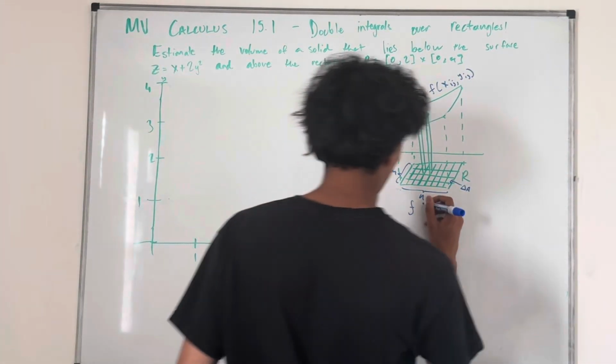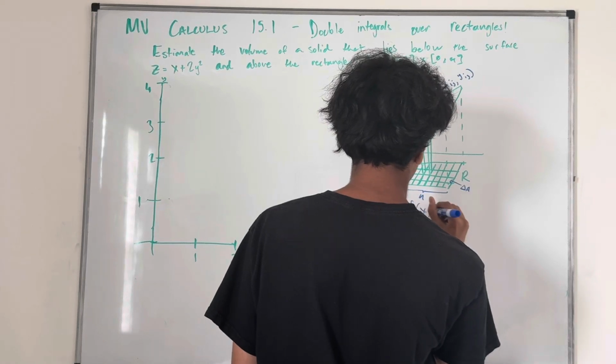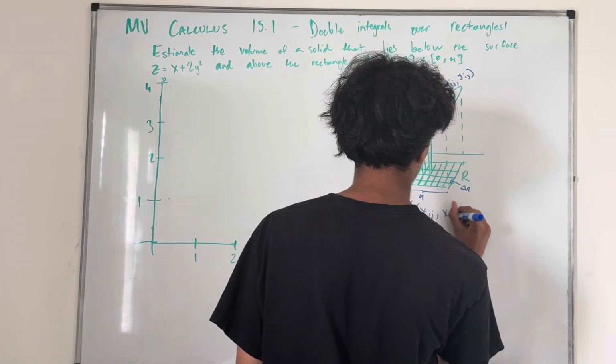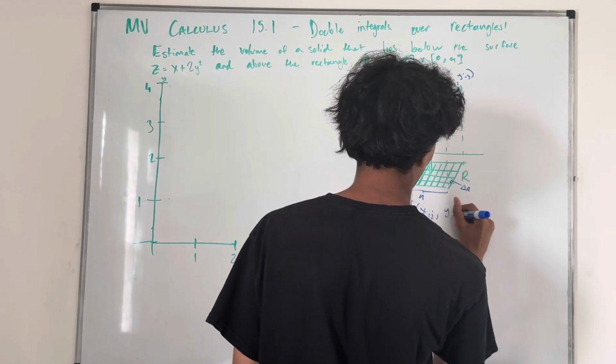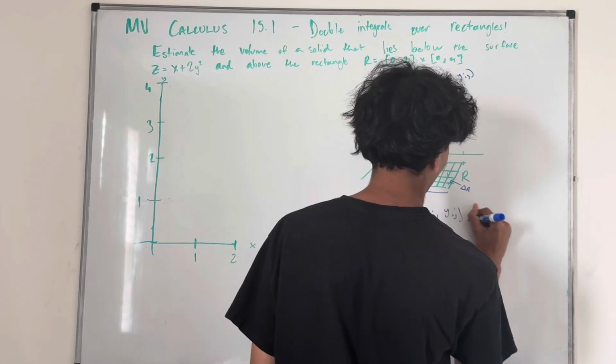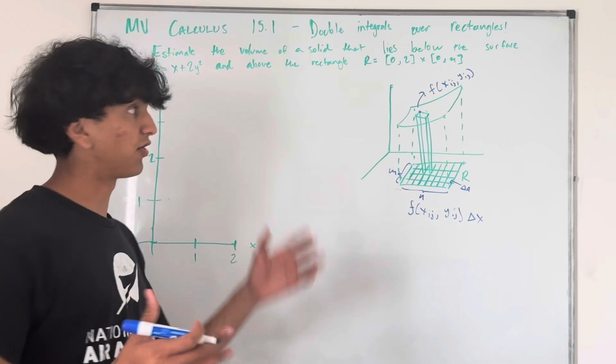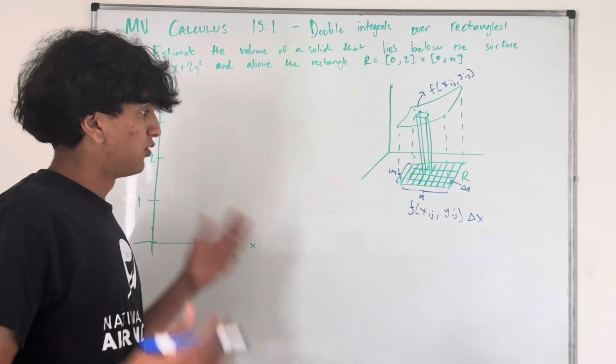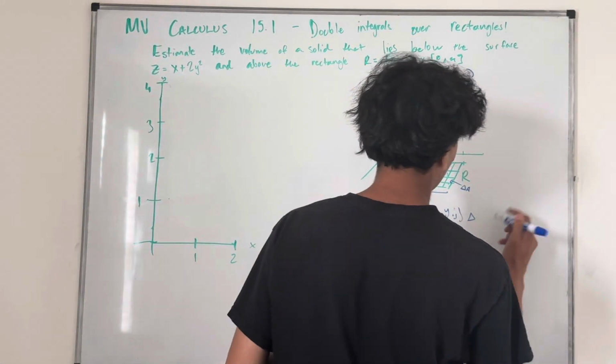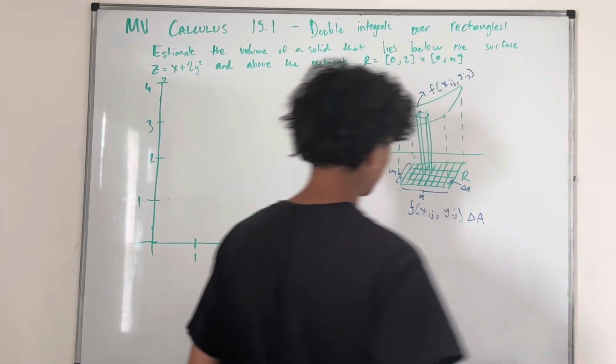So it's going to equal the height f(x_ij, y_ij) times the change in area. For right now, you can just consider this ij as some point on our surface. Oh, did I say change in x? Sorry, this is supposed to be change in area.